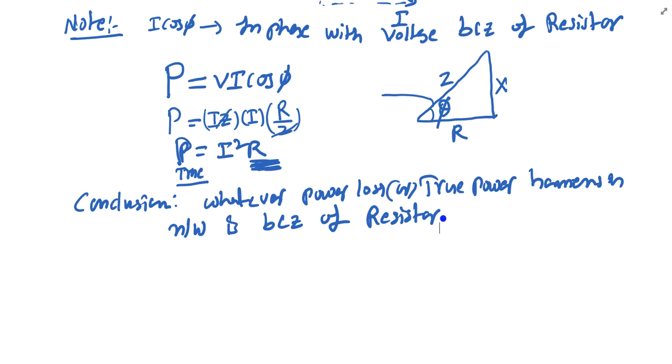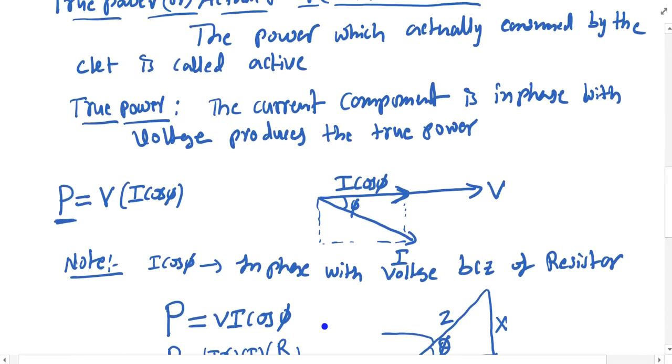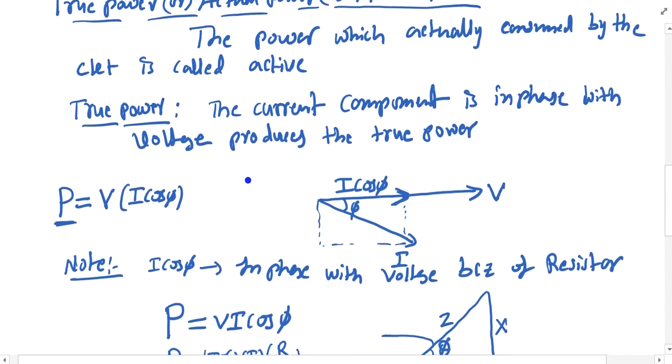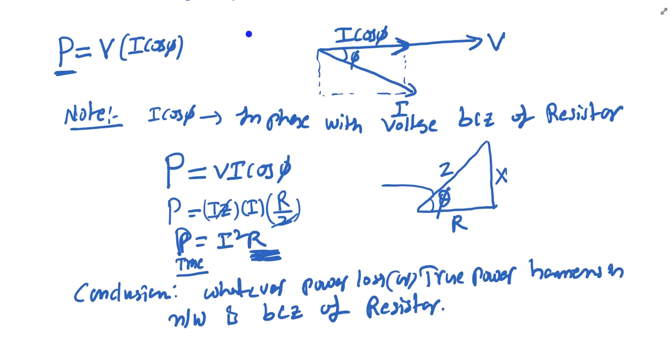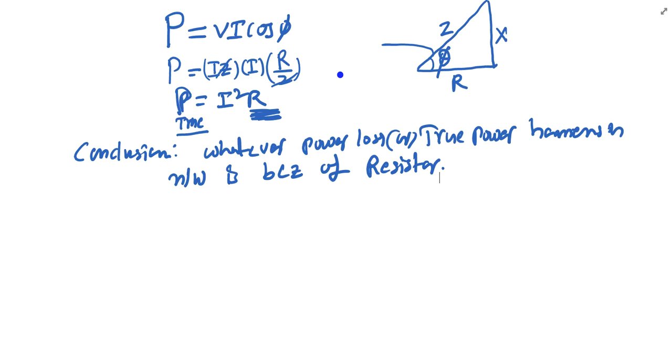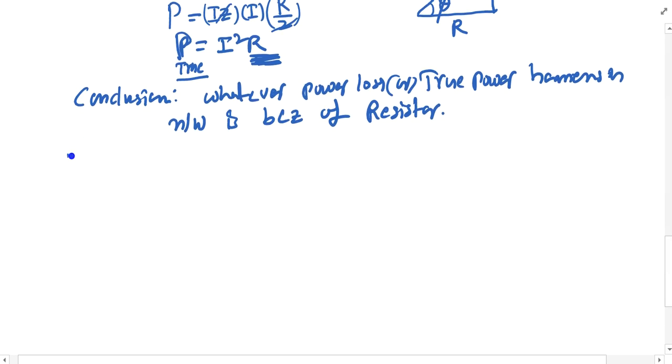So this is the explanation of what is meant by true power, actual power and active power, and what kind of quantity consumes this kind of power. If you go for the definition, you know this expression, isn't it?